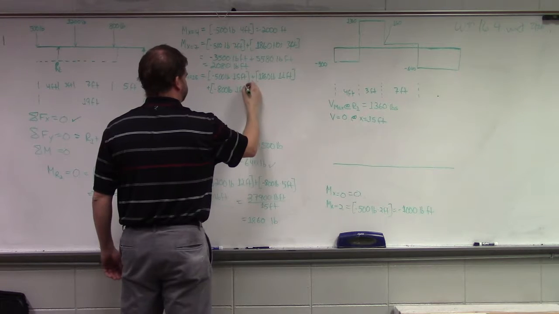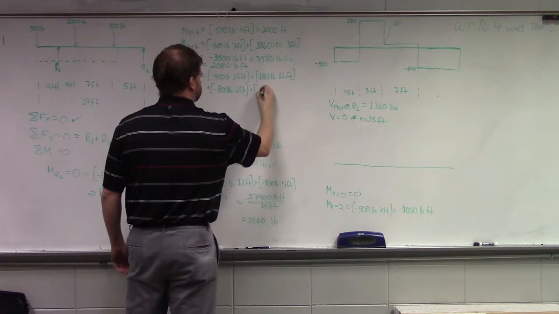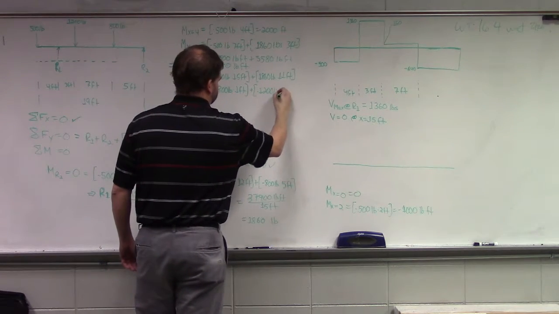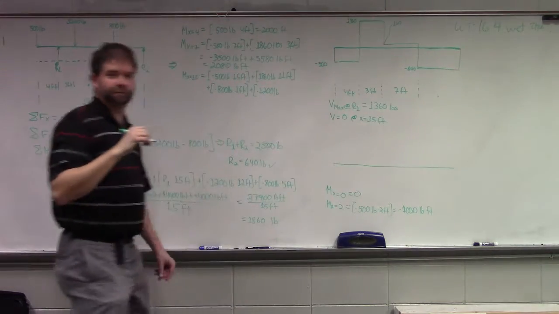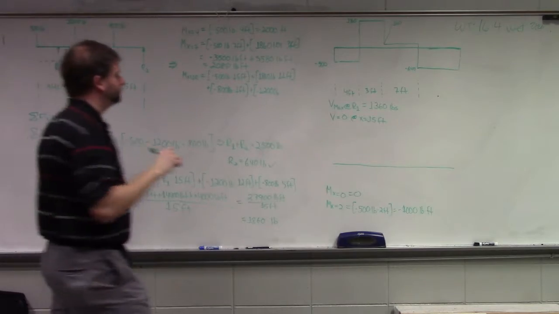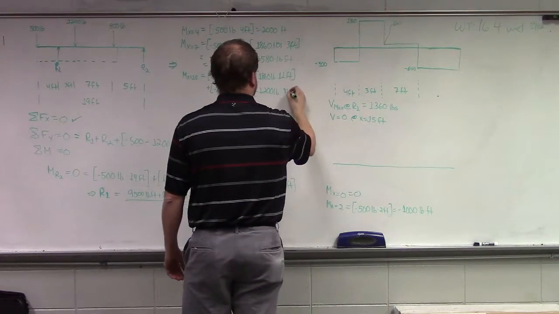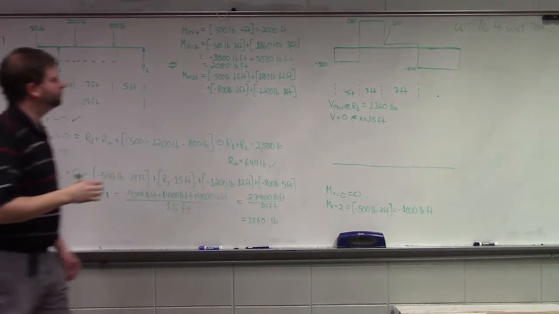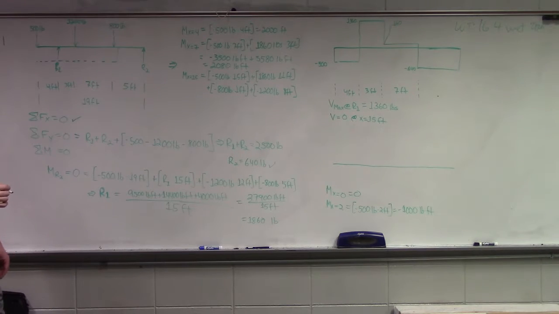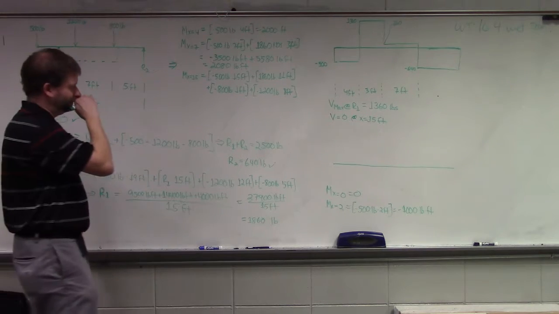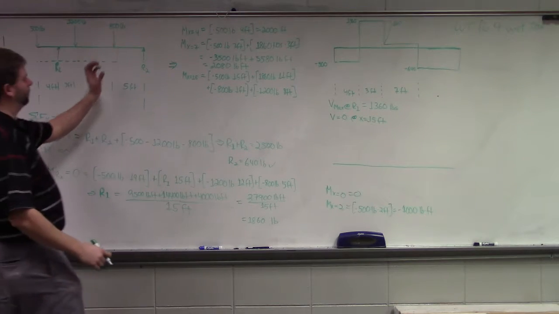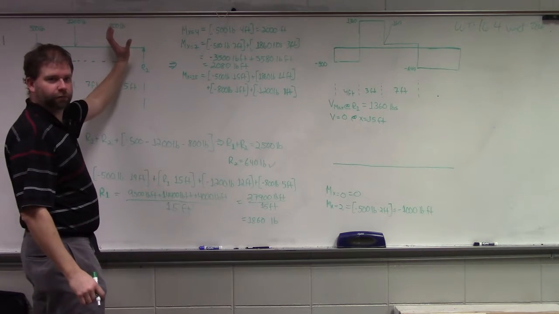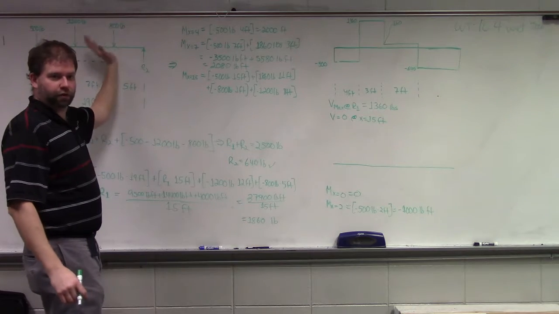Anything else? The negative 1200. How far away is that? 8 feet. R1 will be positive in that whole deal, because R1 is trying to rotate this direction.